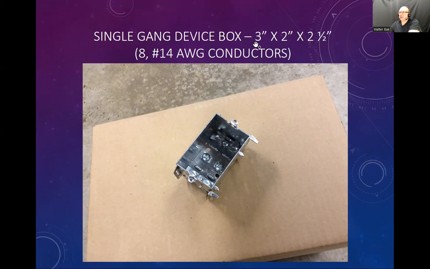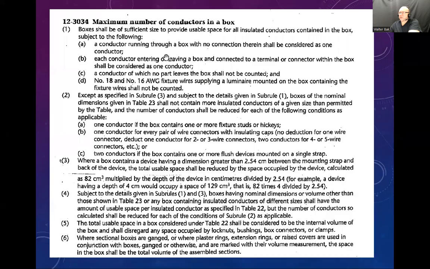It's 3 inches by 2 inches, and the last dimension is the depth of it. Okay? So here is 3 inches, 2 inches, and this one is 2.5 inch deep. This one here can fit 8 14 gauge conductors according to these rules.